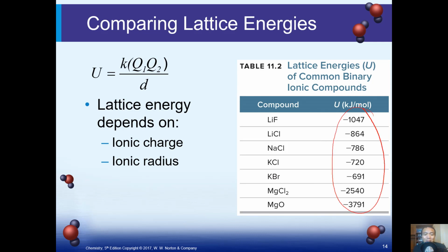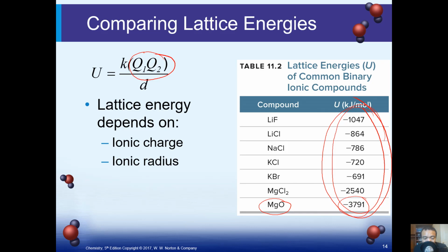Second, look at the magnitude. When you look at the magnitude of this whole series, for example, you do notice MgO has the largest in the series. How do you explain this? We actually talked about it when we were talking about the ion-ion interaction using Coulomb's law. So the same way, when you compare the magnitude, you look at the Q1 times Q2 first, then you look at the distance.